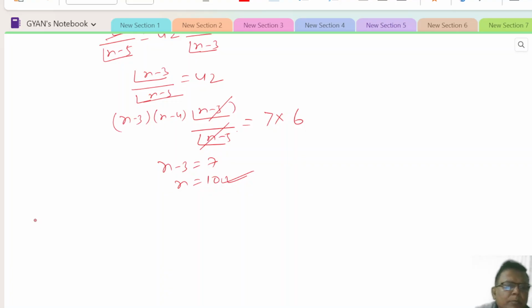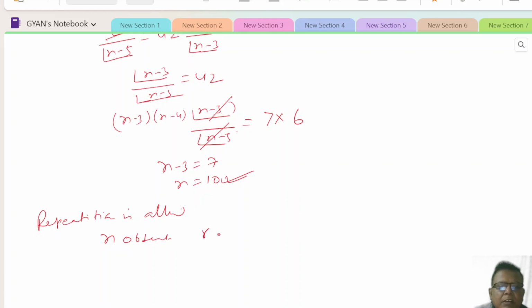Now come to the problem where repetition is allowed. Repetition is allowed. So suppose n objects are there, and you have taken r at a time. So you have r places.